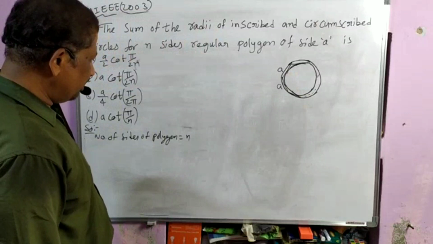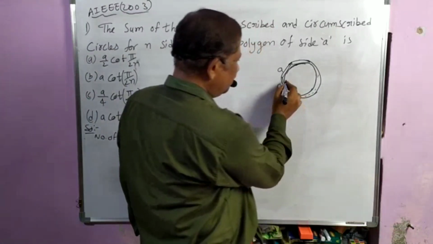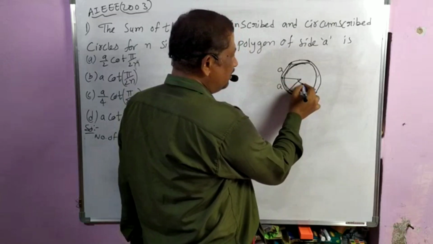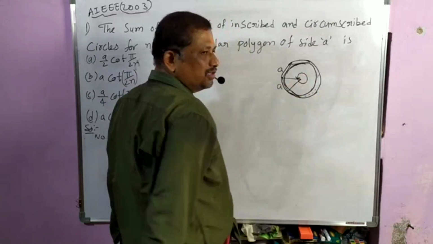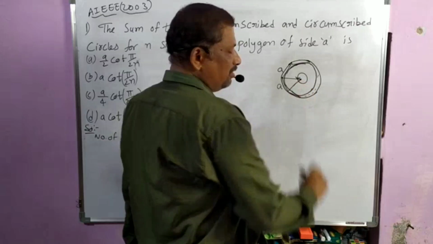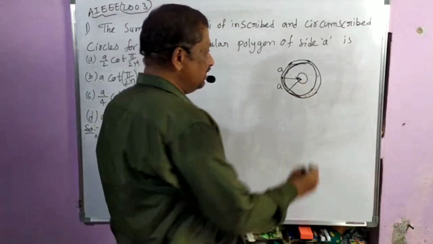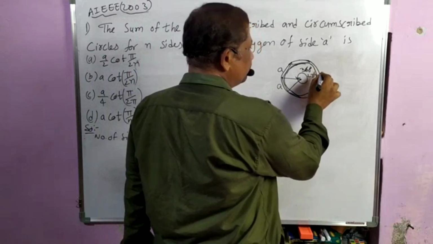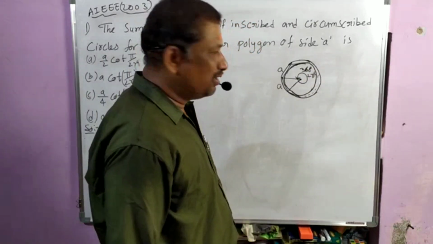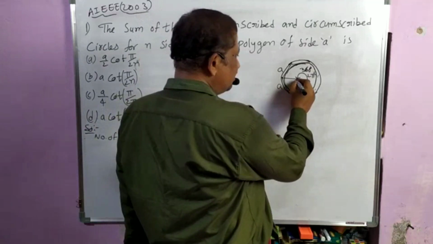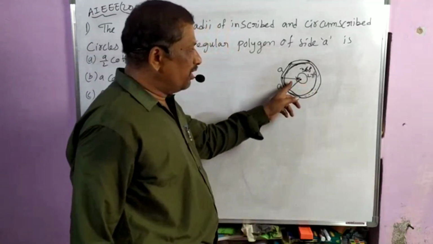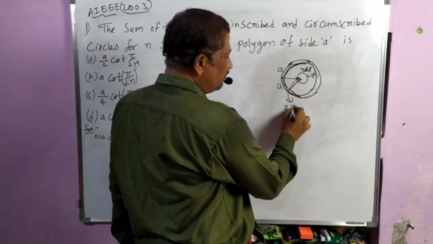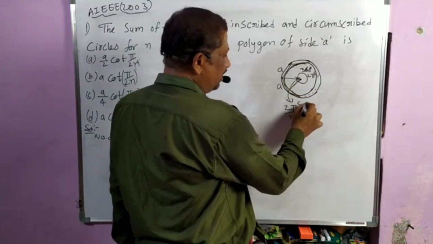Clear? Now I am taking this part, this center and this part. So the complete angle at the center of the polygon is 360 degrees. Or simply we call it 2 pi radians. So with n sides, this angle is 2 pi by n radians.